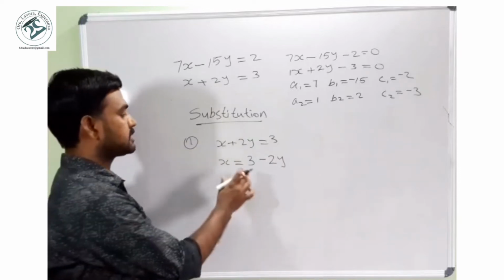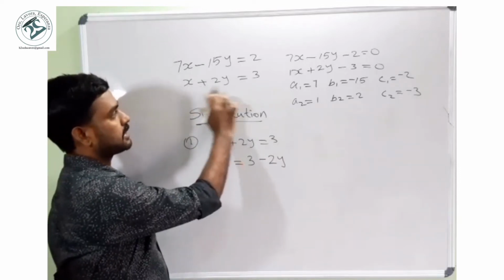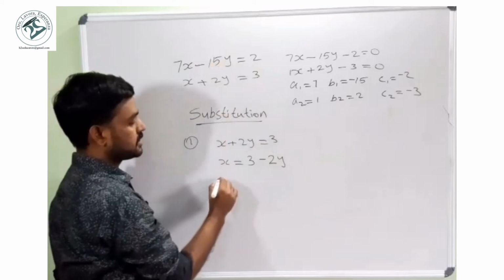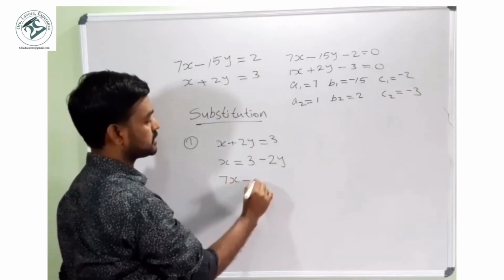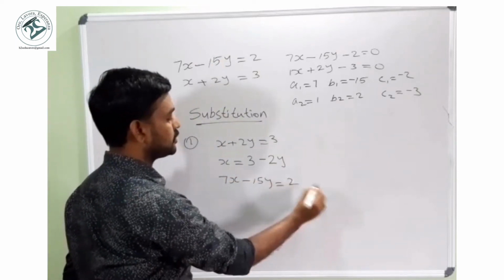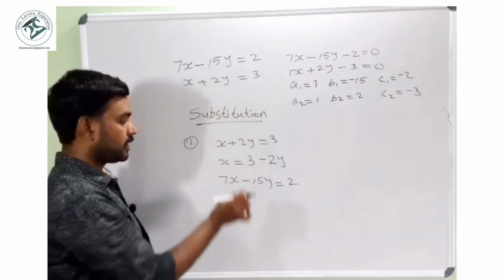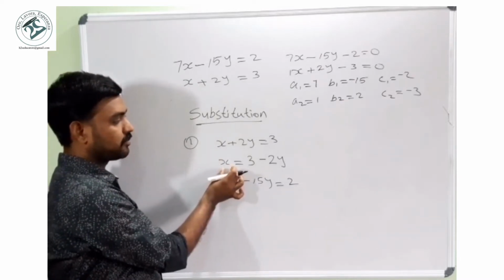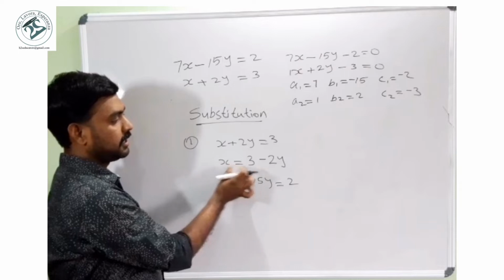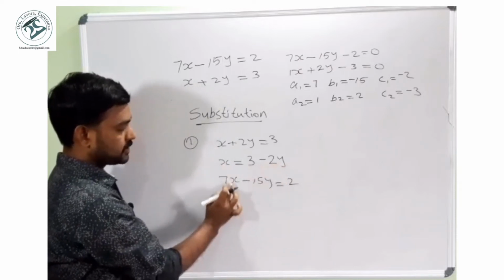Now select the second equation. The second one is 7x minus 15y is equal to 2. And insert the value of x, which we already got from the first equation. This value is inserted in the place of x.